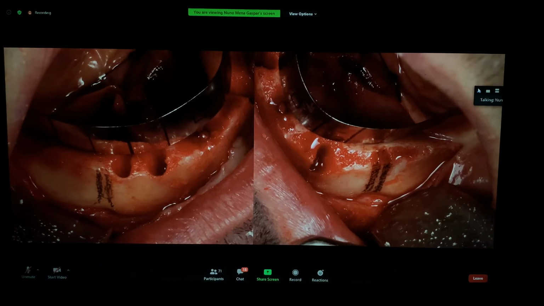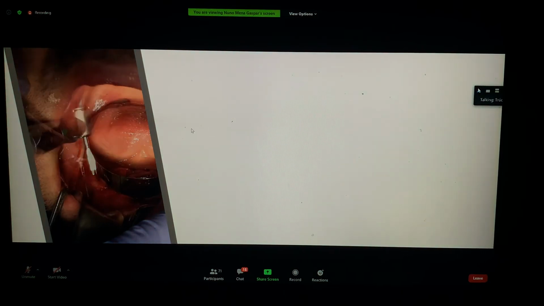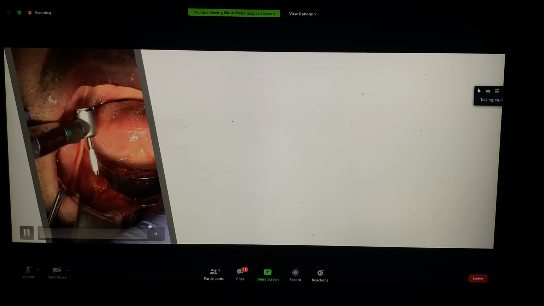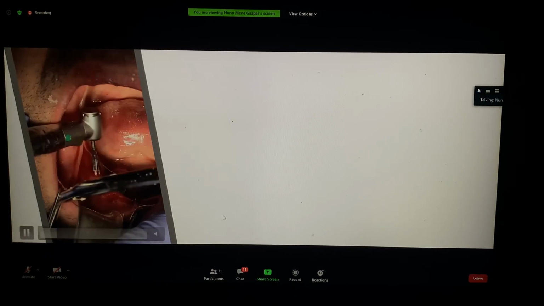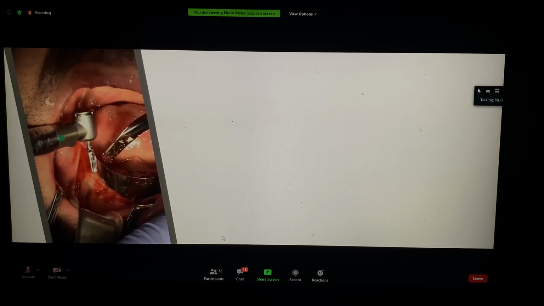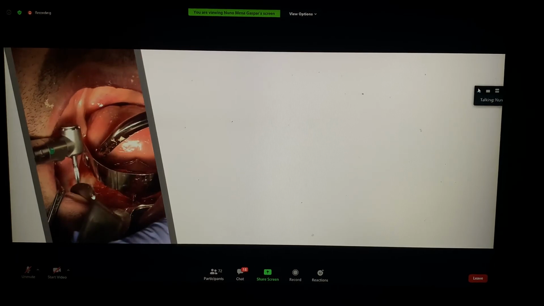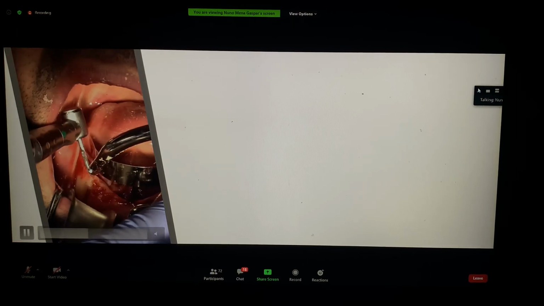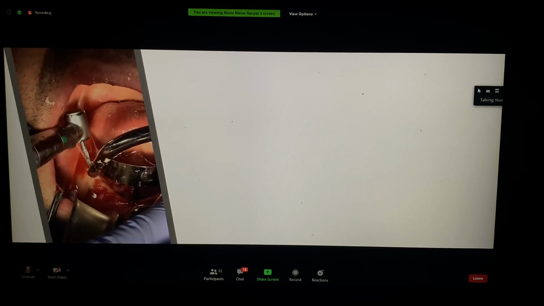After placing the guide, it's very important to locate where the mental nerves are, and I use a pencil to draw the place where they are. And I use the guides to place my osteotomy at 30 degrees, avoiding the nerve, but with my implant coming back from the mental position.